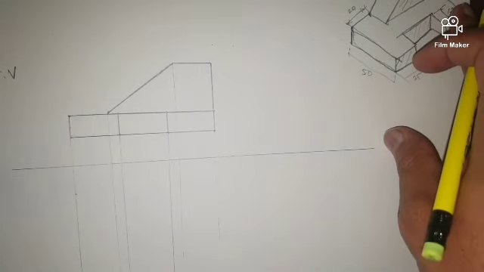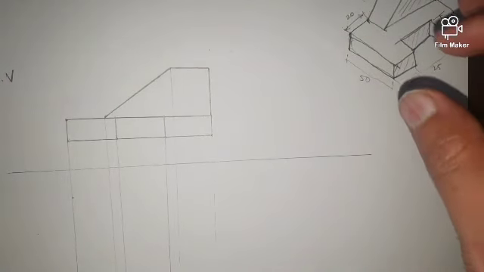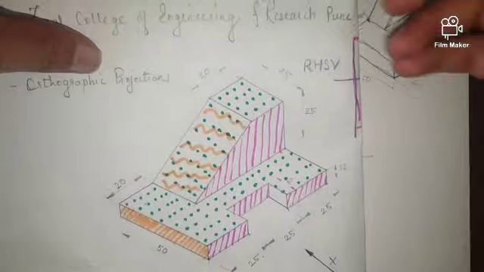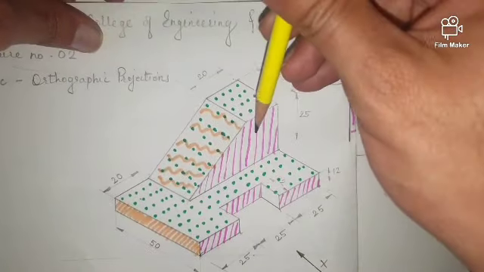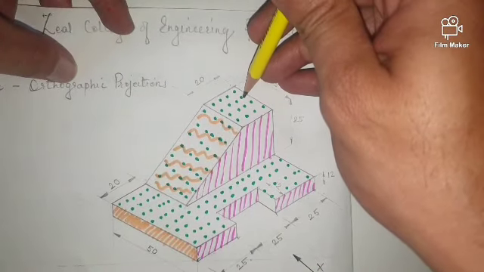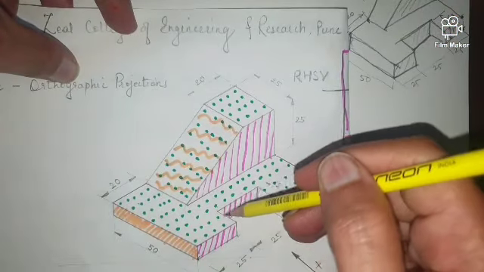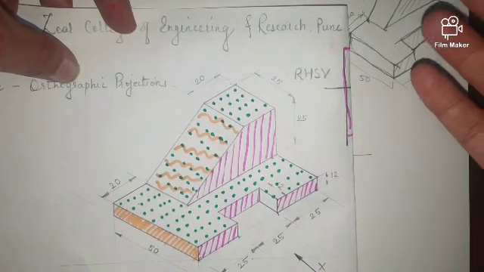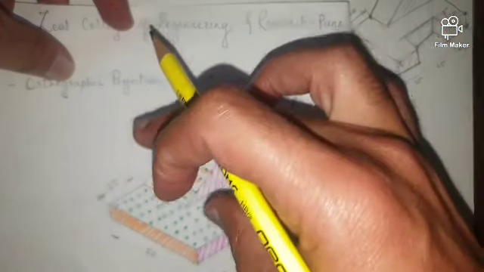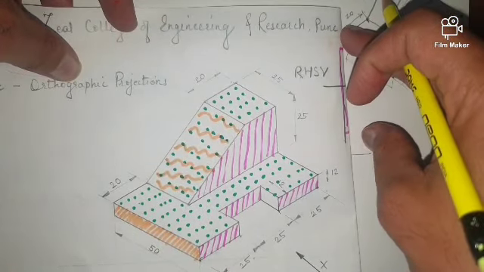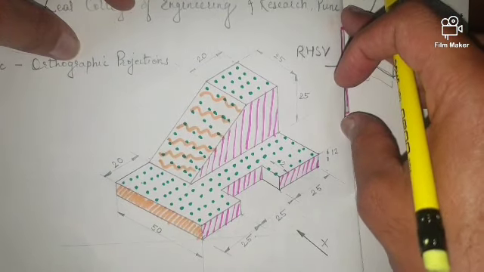Alright, so when we see the object from the top view, what we can see is this portion, right, and this portion, the green color portion. Okay, so what are the dimensions?